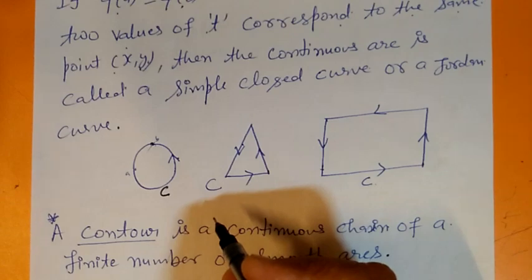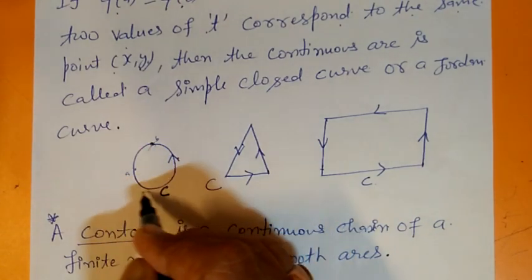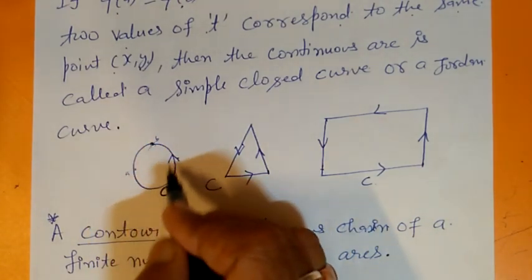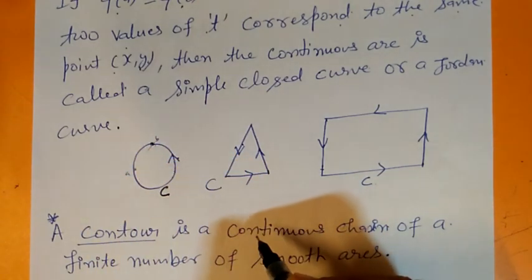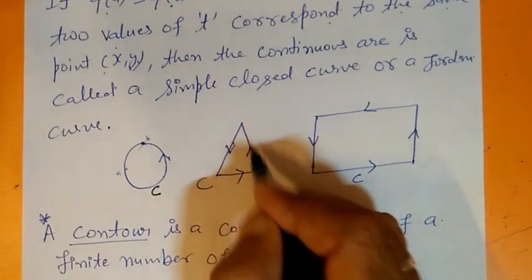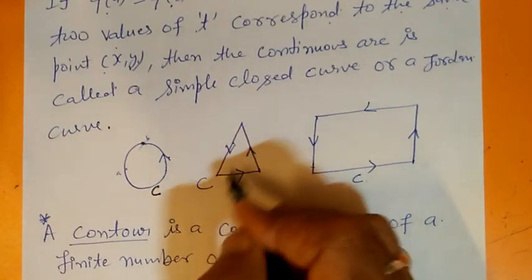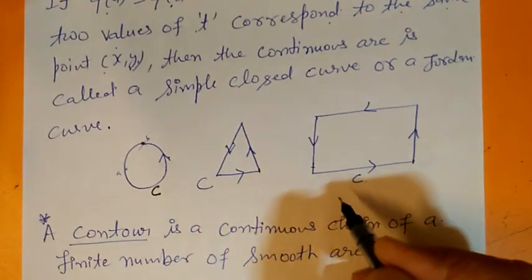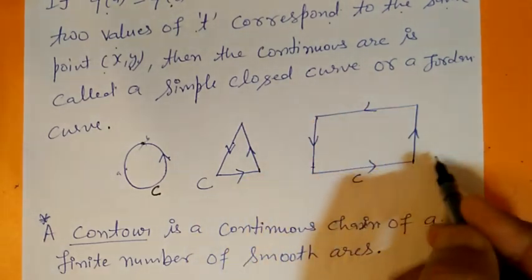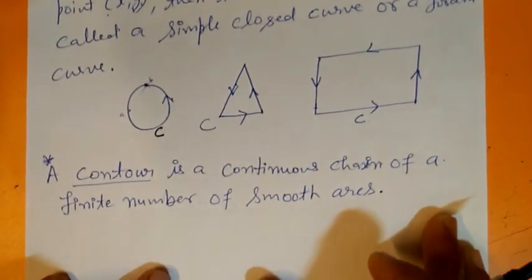If this condition is fulfilled, then this curve is known as the simple closed curve, also known as the Jordan curve. Now if we take a triangle, this is a closed curve, and it is known as the simple closed curve or the Jordan curve. Same for the rectangle.